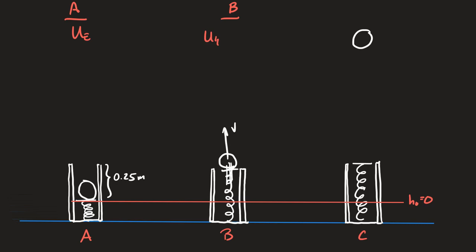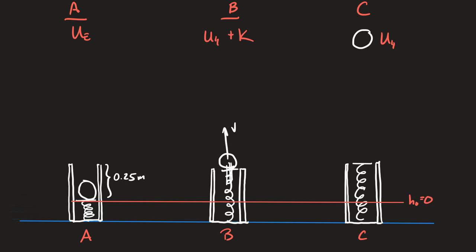So no elastic. Is the object moving? Yeah. Excellent. And now on to C. Is the object above the reference level? Sure is. Is the object moving? No. Not if I'm talking about the max height. Is the object storing elastic potential energy? No. It's no longer touching a spring.